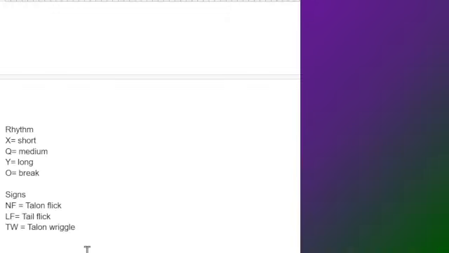How would I notate talons tapped together pointing? I could add a U for general up vibes.